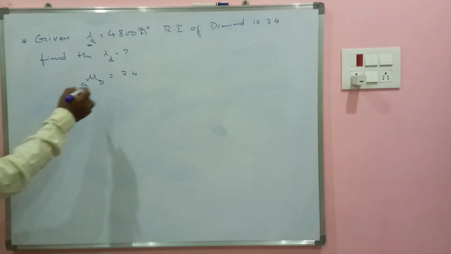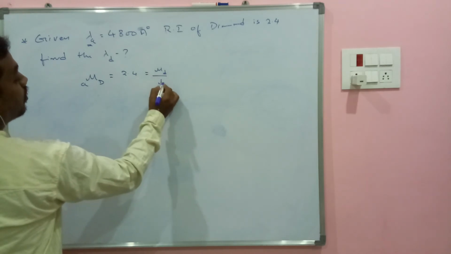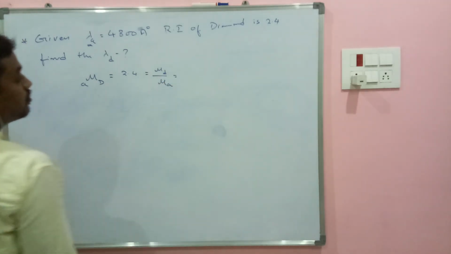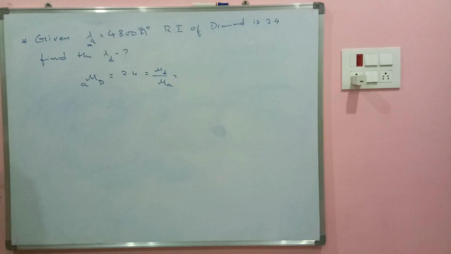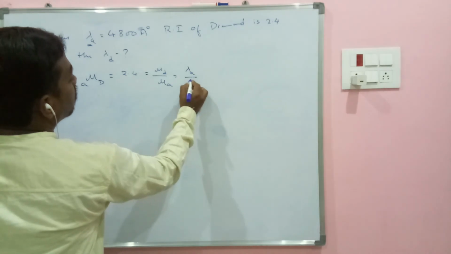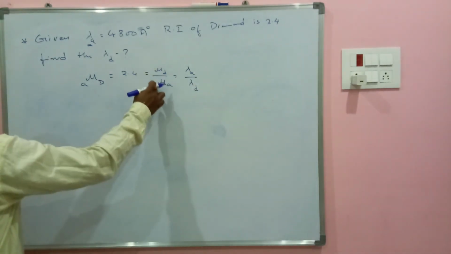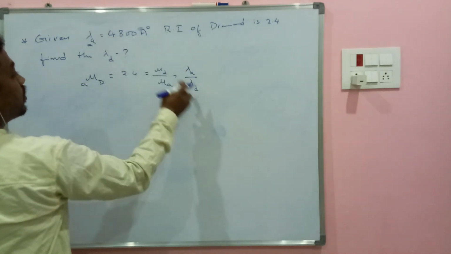So I can write this as lambda d by lambda air is equal to mu d by mu air, not that, it is equal to lambda air by lambda d. So this is given as 2.4 and this is given as 4800. I want lambda d.